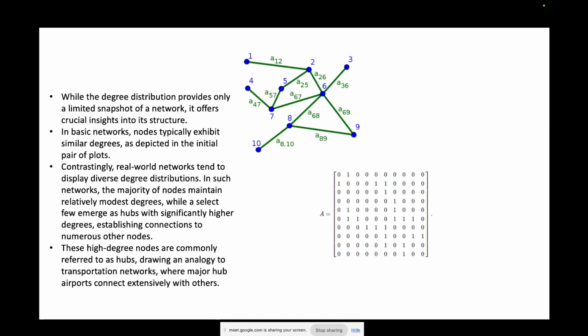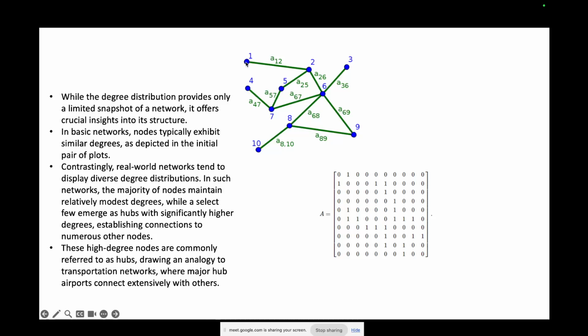Okay. So now, while the degree distribution provides only a limited snapshot of the network, it offers crucial insights into the structure of the network. So, in basic networks, nodes typically exhibit similar degrees as depicted in the initial pair of plots. Basically, this is a graph that is given in an example.